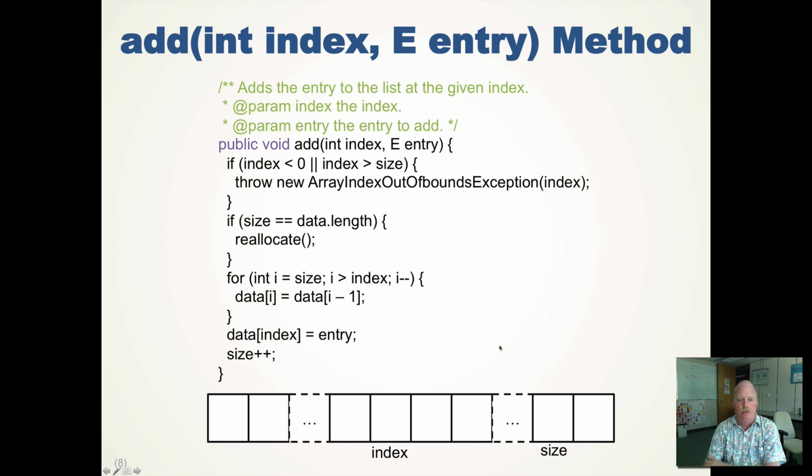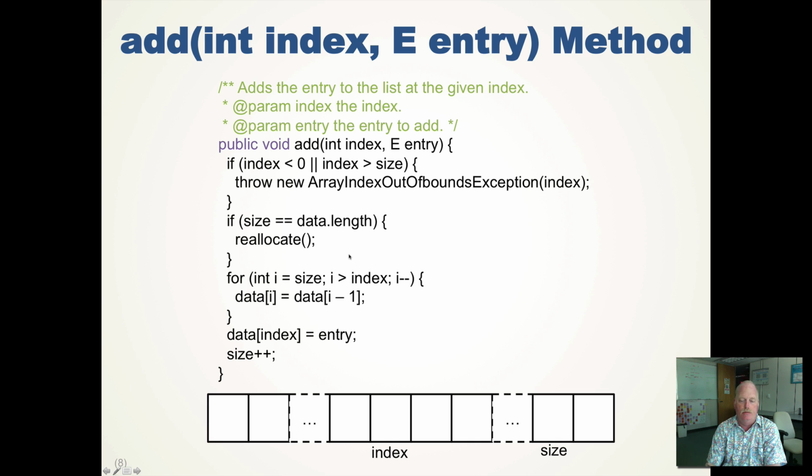So how do we add to someplace inside the list, not at the end? First off, we take a look at the index and the entry. We say, is the index not within bounds of our list? If you tried to add negative indexes or beyond the end of the list, that is not correct, so we throw an ArrayIndexOutOfBoundsException, indicating that the index that the user used is not within the list. Again, we check to see the size of the list compared to the length of the array.